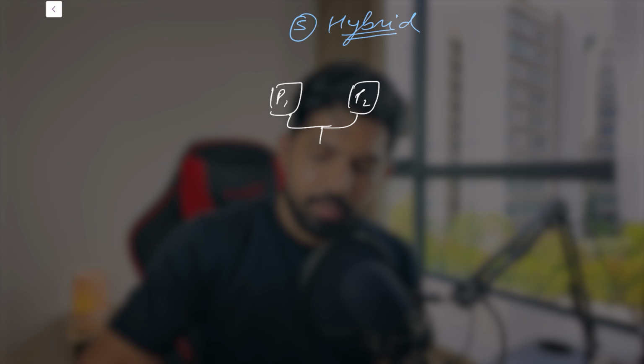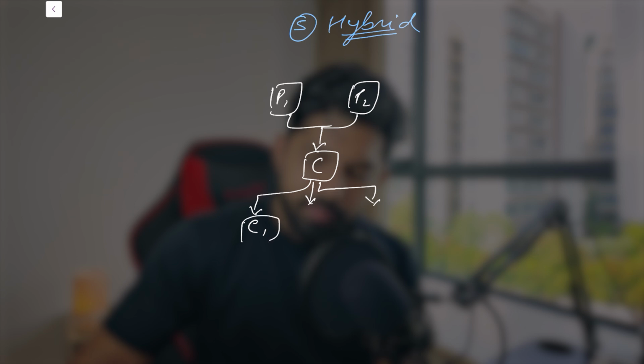The last but not the least is hybrid inheritance. So in this, for example, first we have a multiple. So parent 1, parent 2, and we have a child, right? Child class. Then with this, we have a hierarchical class, right? So let's say this is the base class and we have C1, then C2 and C3.